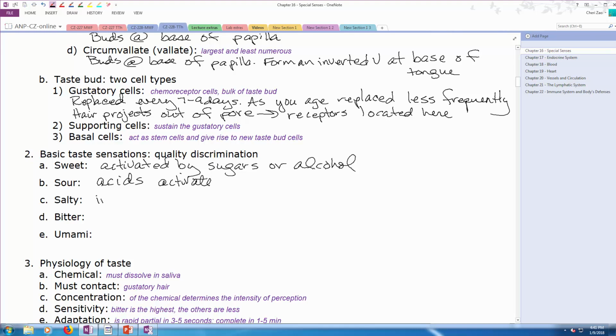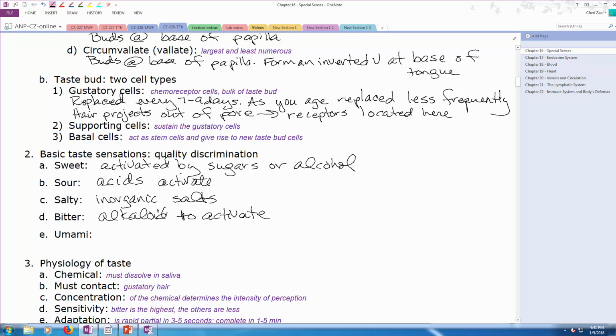Salty, those are inorganic salts, will activate you. If you are bitter, those are alkaloid chemicals. All you have to be is an alkaloid to activate.